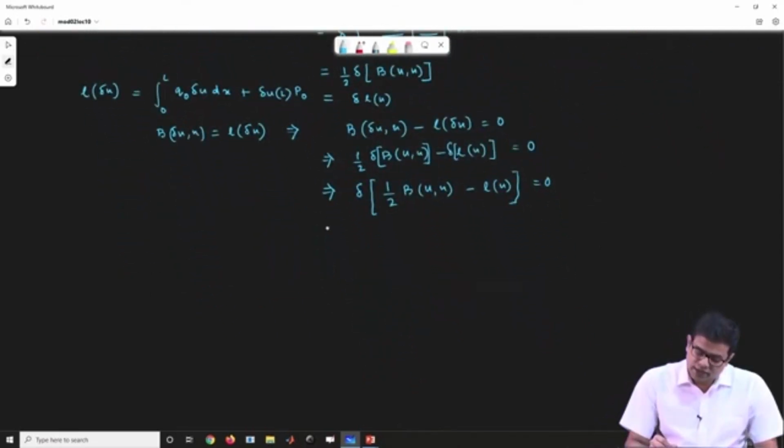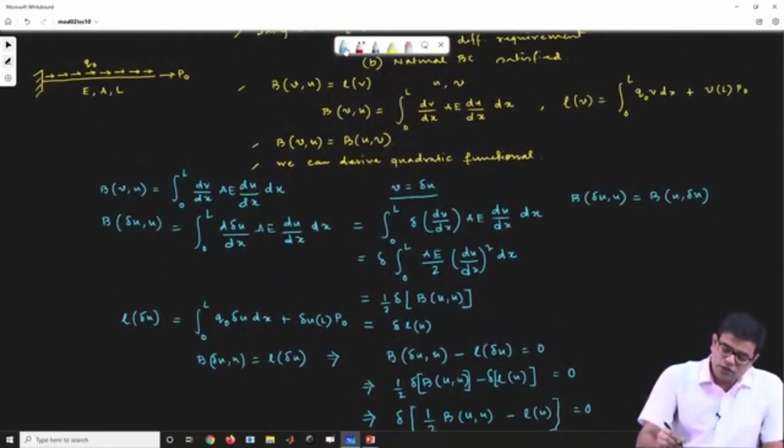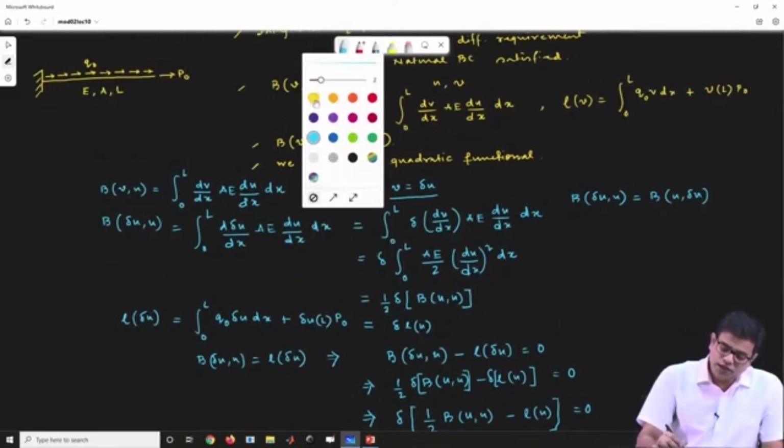So if I have this bar, the potential energy expression for this bar can be easily written as this. So we know what the potential energy is.